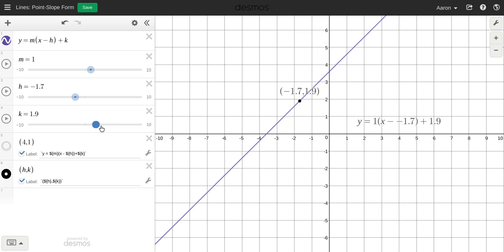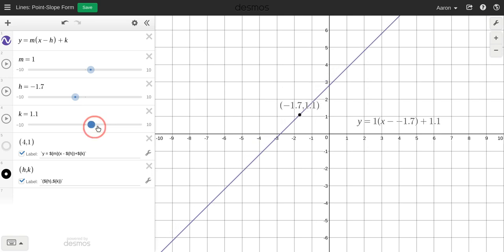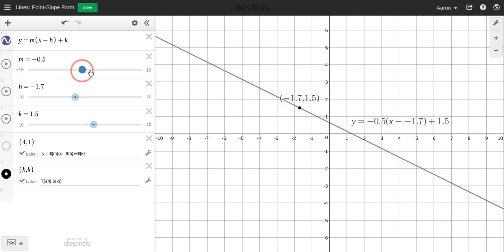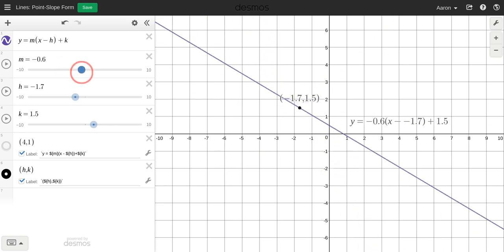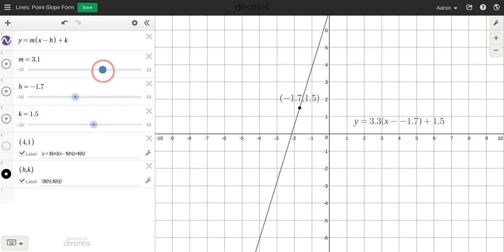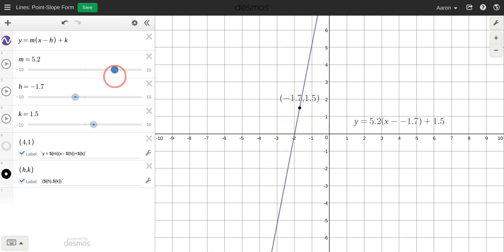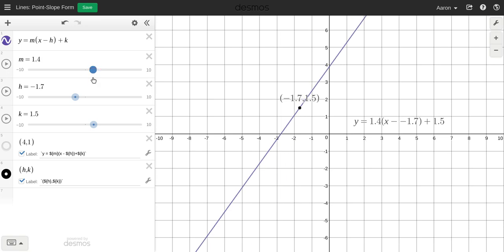The next thing that I want to do, I actually want to start playing around with slope. One of the things that I can observe is that slope becomes a rotational value about the point that I've named in my equation. I can ask all sorts of extension questions from here.